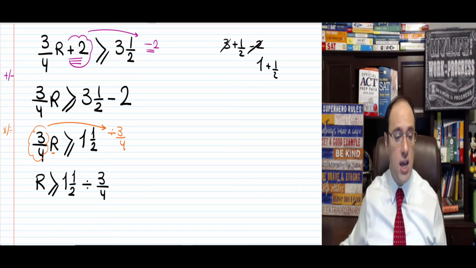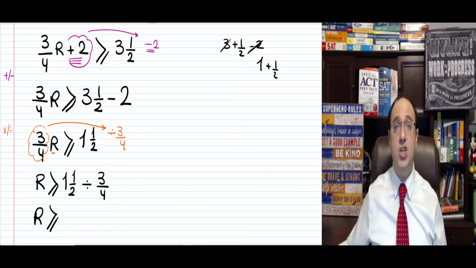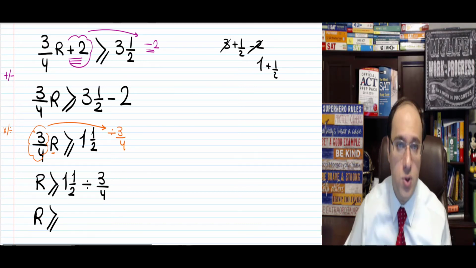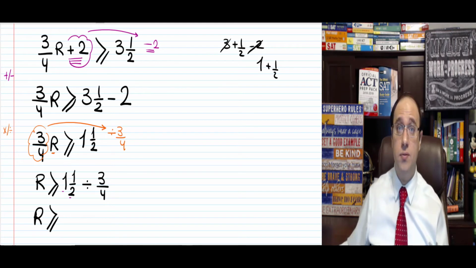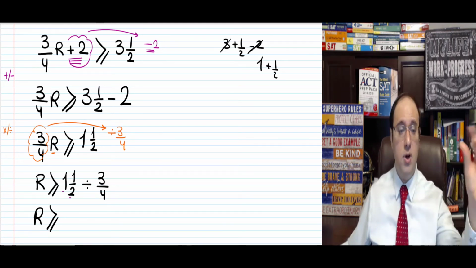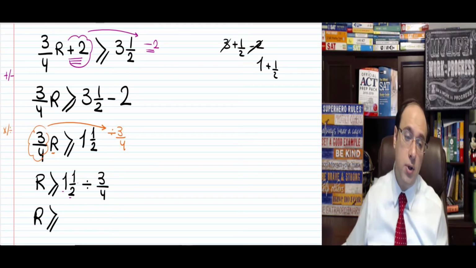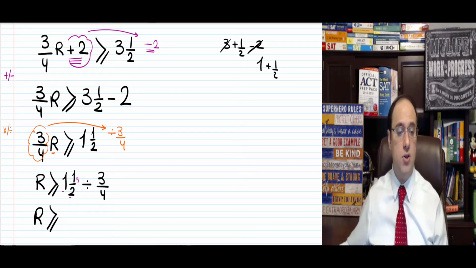So I need to change the 1 and 1 over 2 into an improper fraction. Remember how we used to do this? We go 1 times 2, the whole number times the denominator, is 2, plus the numerator, plus 1 is 3, over the same denominator. So it's 3 over 2.